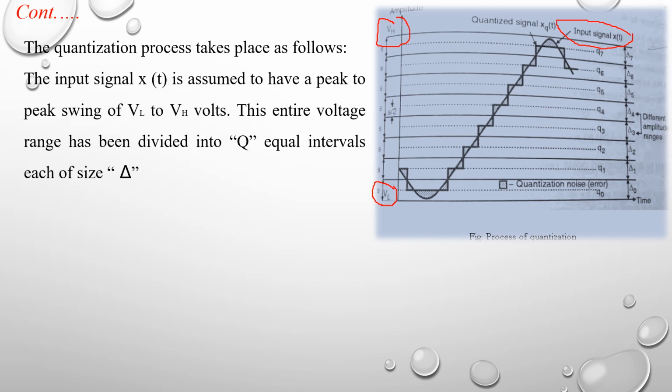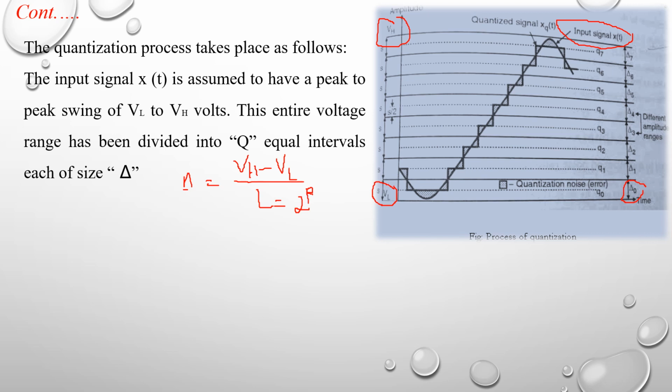The size of each interval is delta. So delta is the step size. Delta is equal to the highest voltage level VH minus the lowest voltage level VL, divided by L, where L is equal to 2 to the power R, and R is the number of bits.